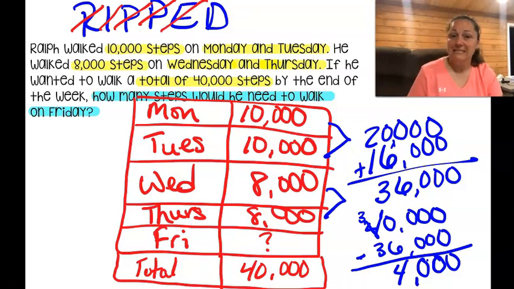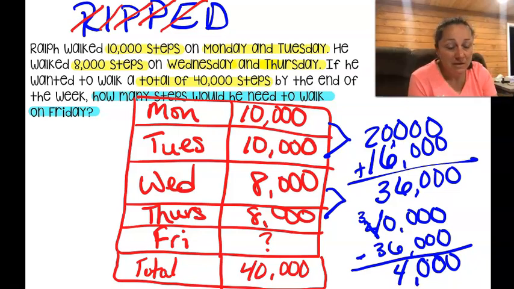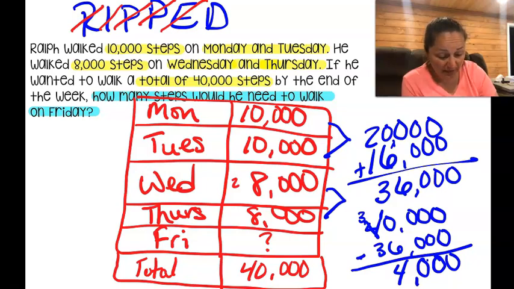Now, does it make sense? 4,000. Well, 10 and 10 is 20, and 8 and 8, he's really close. So if I needed 40,000, I look here and I see the 8 is only 2 away.